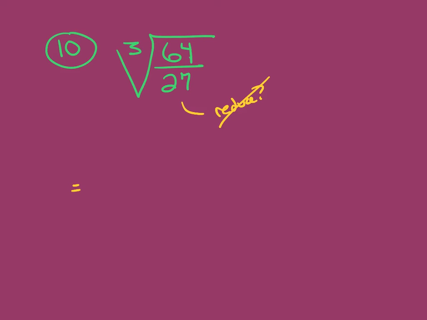And once you've looked at that, go ahead and split up the radical. So starting with the top number, cube root of 64, and then we'll also do the cube root of 27. And the nice thing about both of these is 64, if you look back at your cubes list, 64 is on it. 64 is a perfect cube.